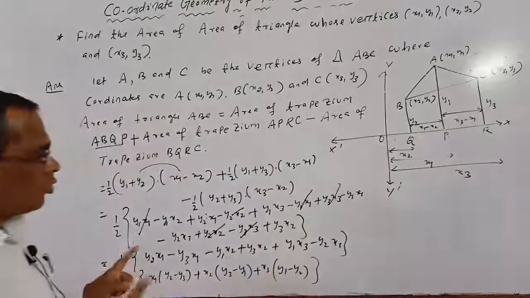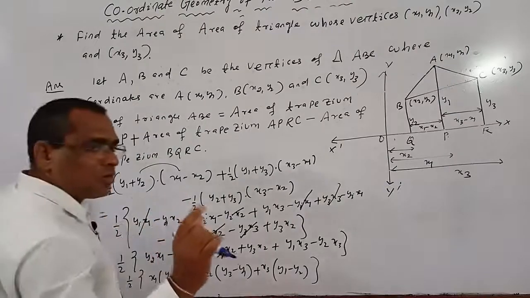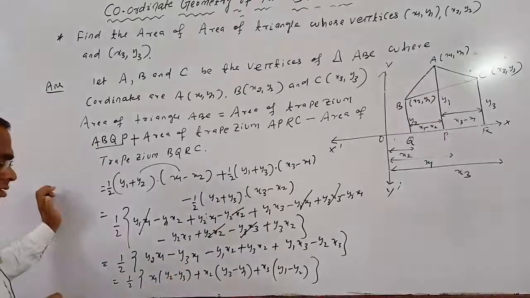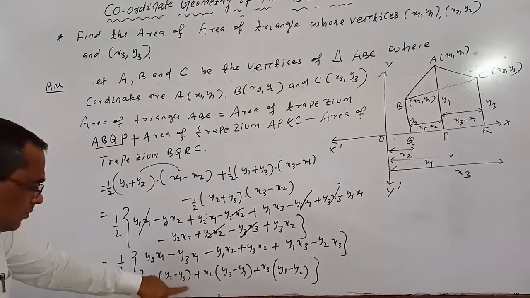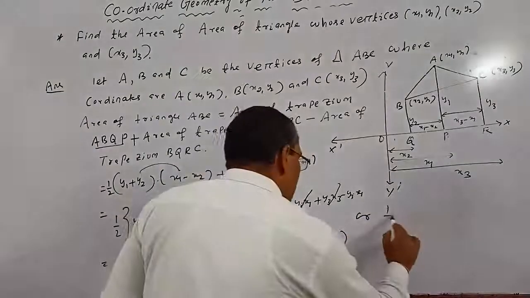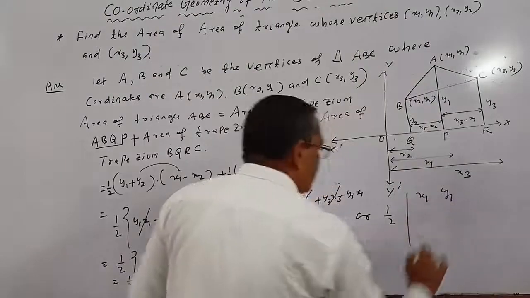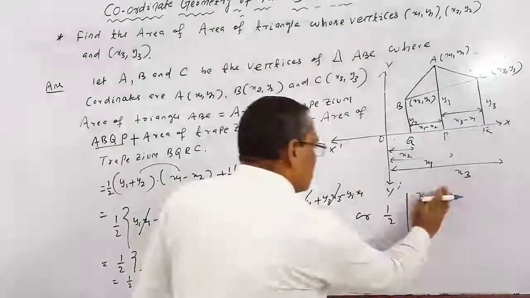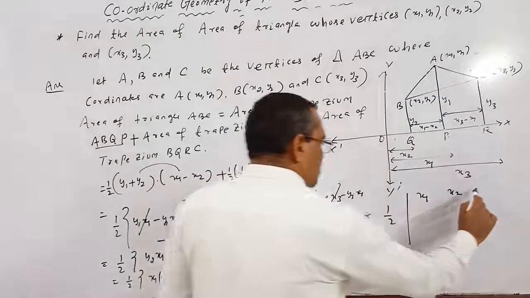You already know a determinant form means to calculate the cross product of two vectors in terms of a determinant. Okay, so in this way we have to express this result in the determinant form: half into the determinant of x1 y1, x2, x3.